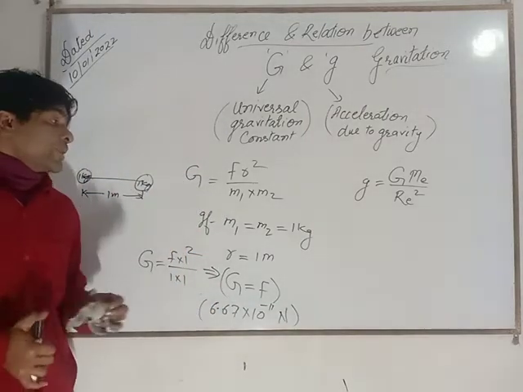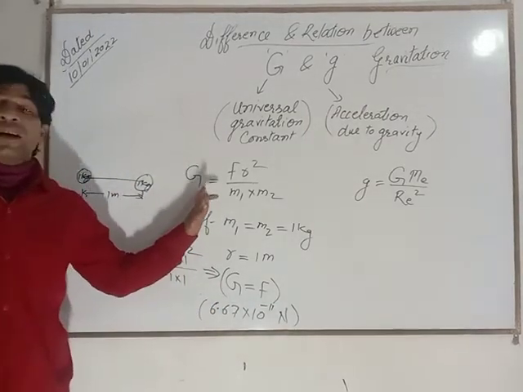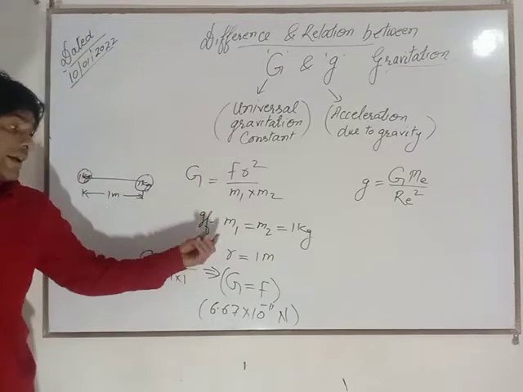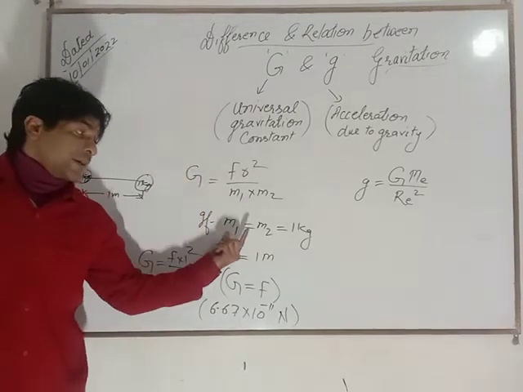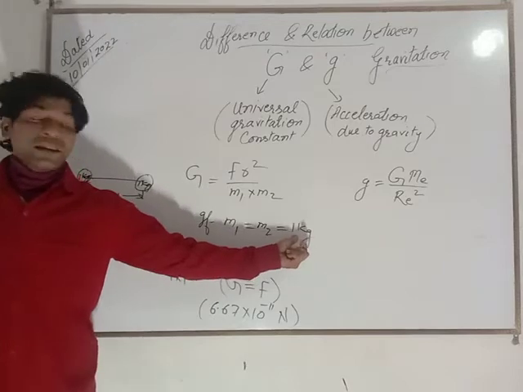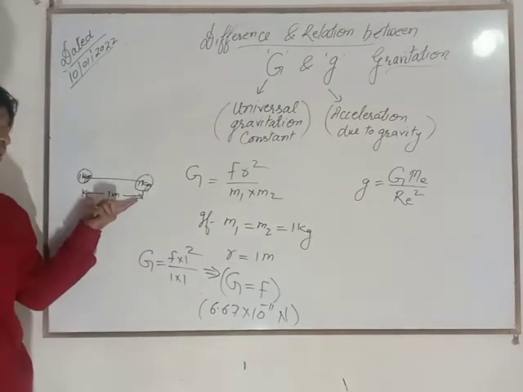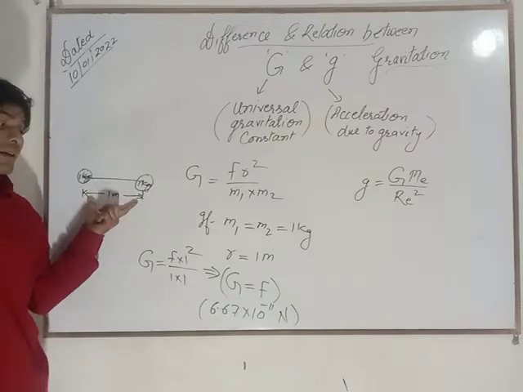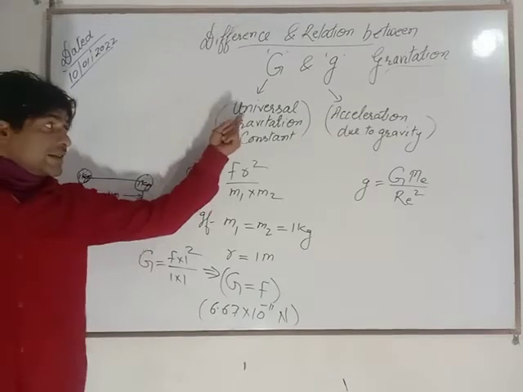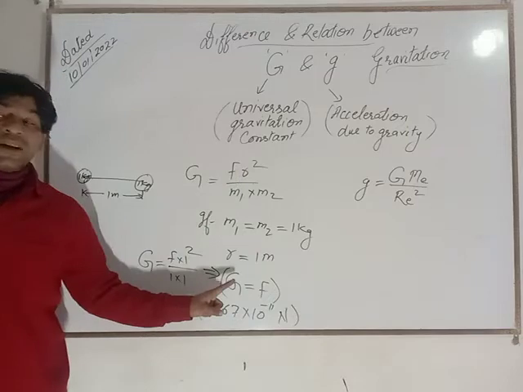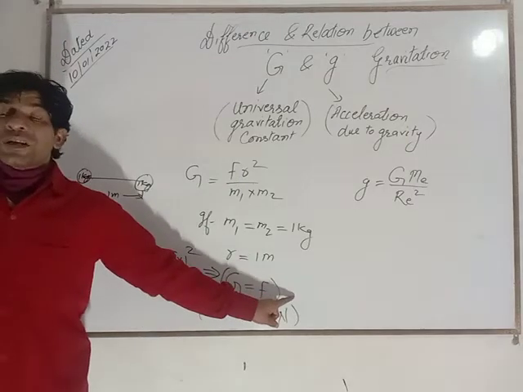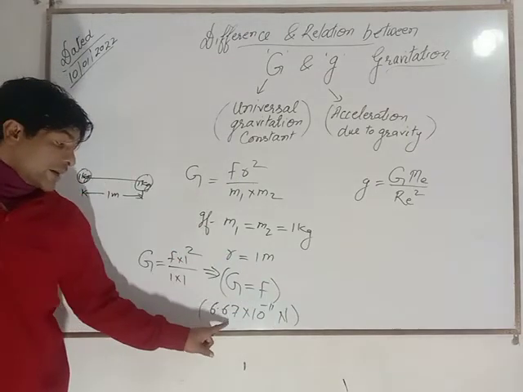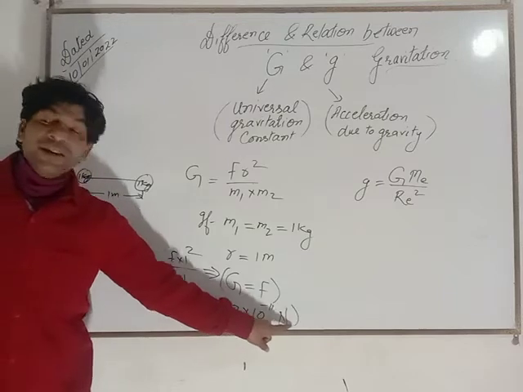Then you can define it in a very simple and easy way: if two objects of unit masses, that is 1 kg each, are apart from each other by a distance of 1 meter, then the universal gravitational constant will be equal to the gravitational force, and that value will be 6.67 into 10 power minus 11 Newton.